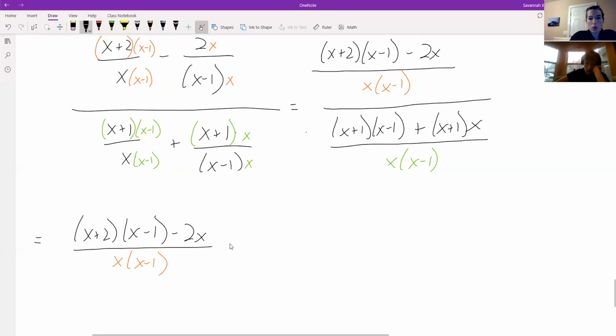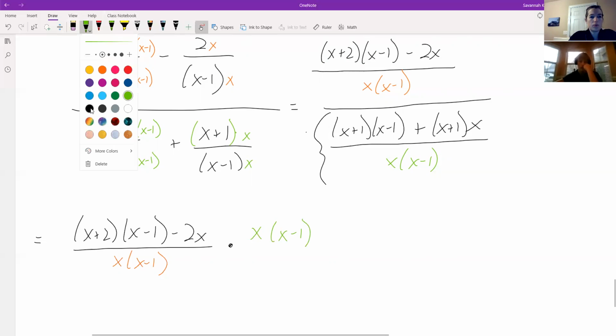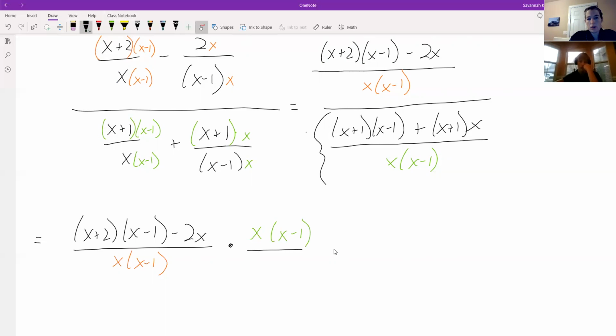Okay, and then we can multiply by the inverted fraction, this ugly fraction that we have on the bottom. We can flip it upside down. So the green denominator is now the green numerator. And then all the rest of this junk just carries along.